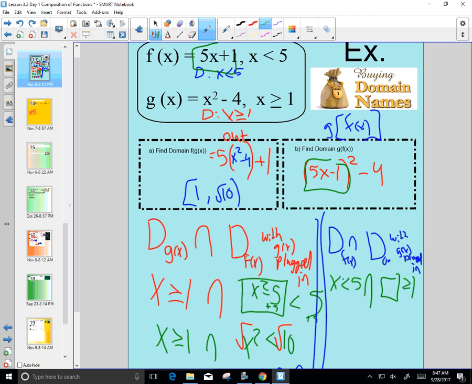Now, for this box, we put on the inside, we put 5x minus 1. That's the inside function, f of x. So put that in. So now we have x less than 5, intersect 5x minus 1 greater than or equal to 0. X is going to be greater than or equal to 0.